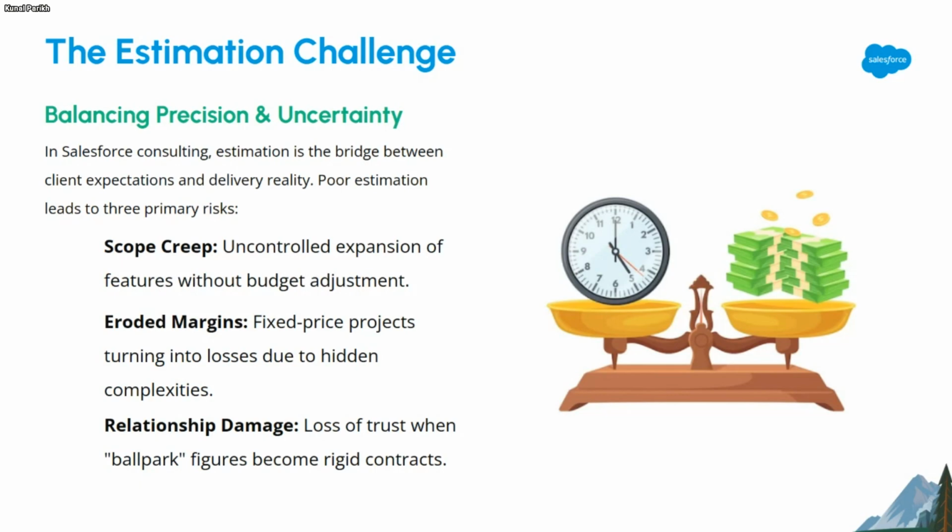Secondly, in terms of fixed price projects, we saw the different project methodologies in terms of how you price your projects. If you have a fixed price project, it becomes a scenario if you've not done the discovery correctly, or if you've not identified a certain risk or certain complexities.